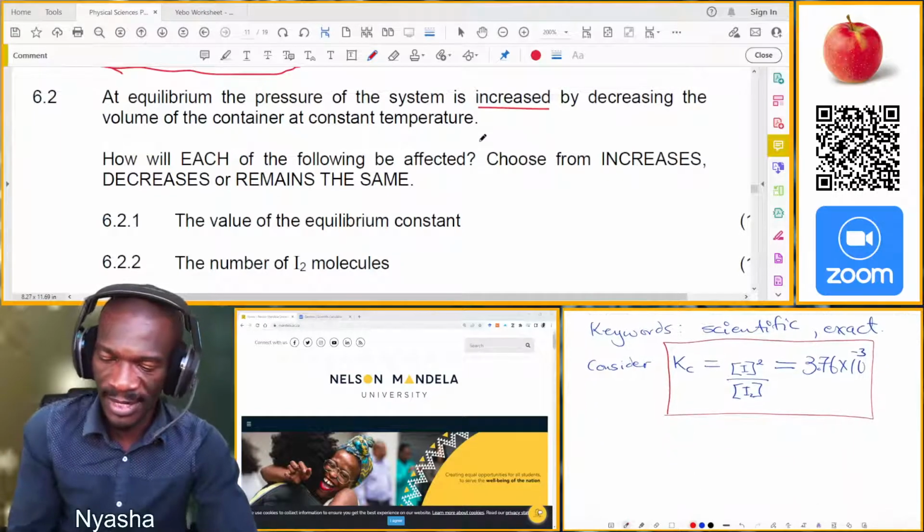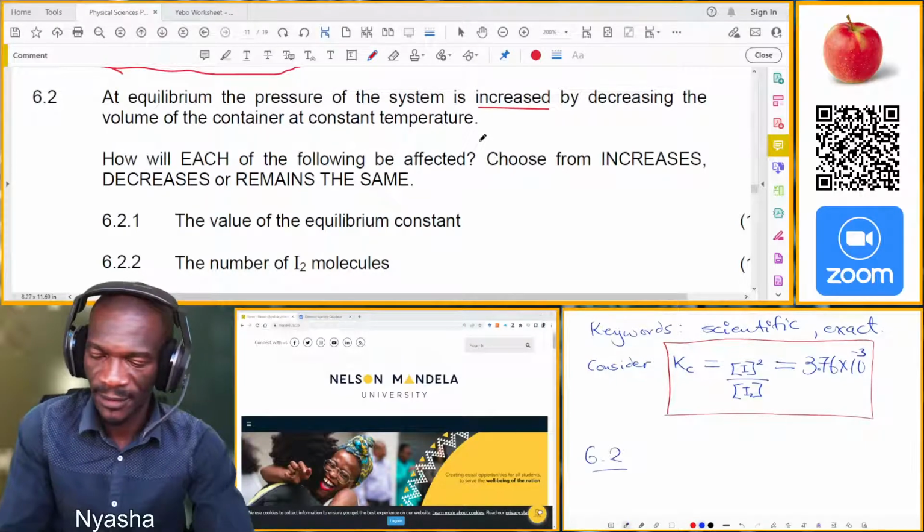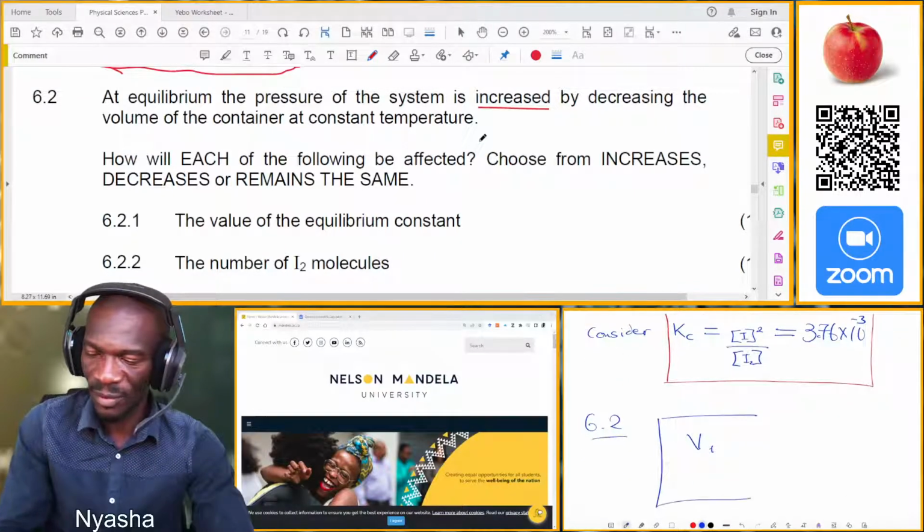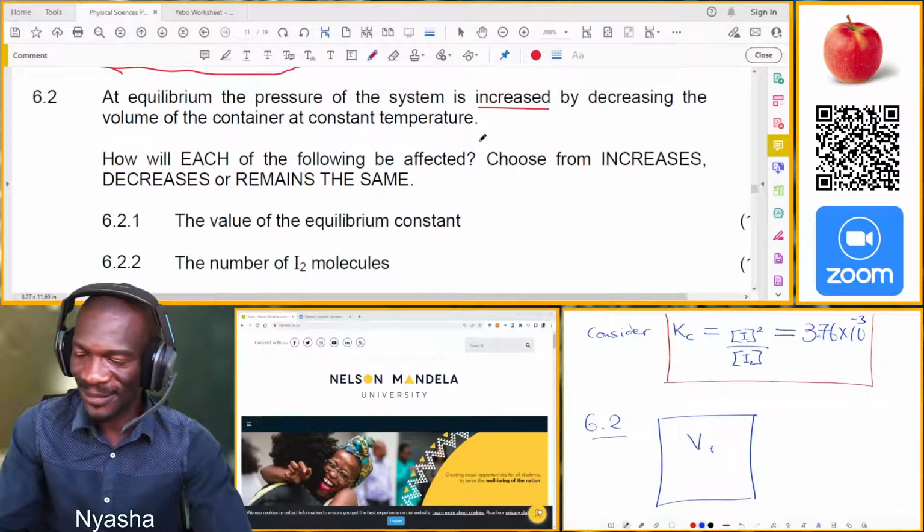So pressure is increased by decreasing the volume. So let's draw the container. This is now 6.2. So this is our container with volume V1. Then this is our container with volume V2.